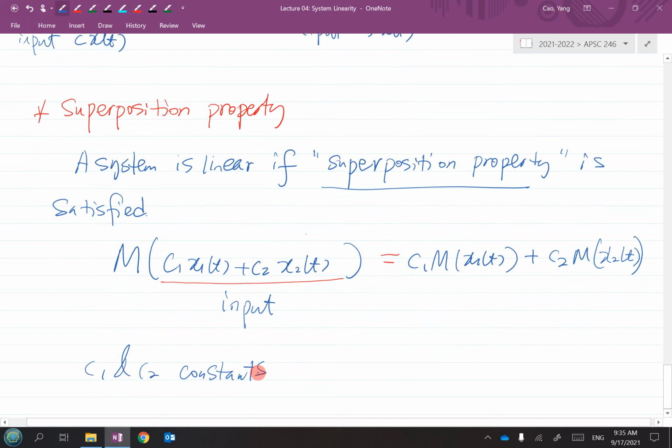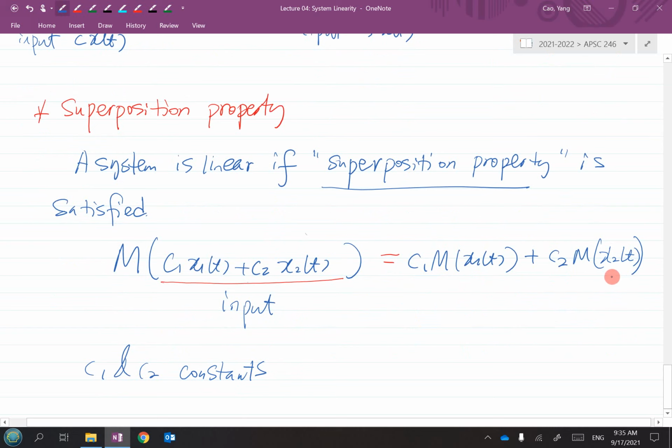Okay. So the left side, the input is this, and it produces an output. Then the corresponding output, according to the superposition property, would be the same as C1 times the system output when the input is x1 plus C2 times the system output when the input is x2.